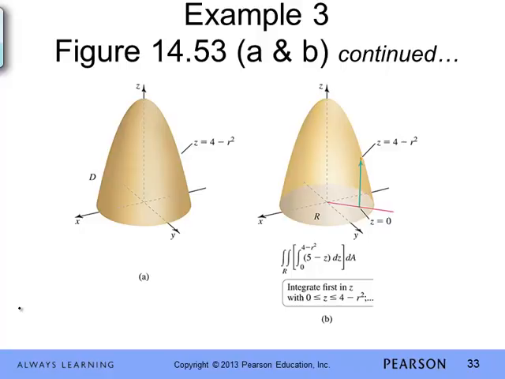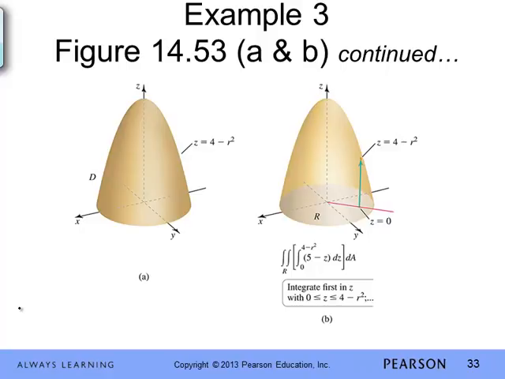So it's most dense up top. I should say, no, actually as you go from the bottom to the top, the density decreases. So it's most dense at the bottom, and the density decreases as you go from the bottom to the top. So 5 minus z is the density.